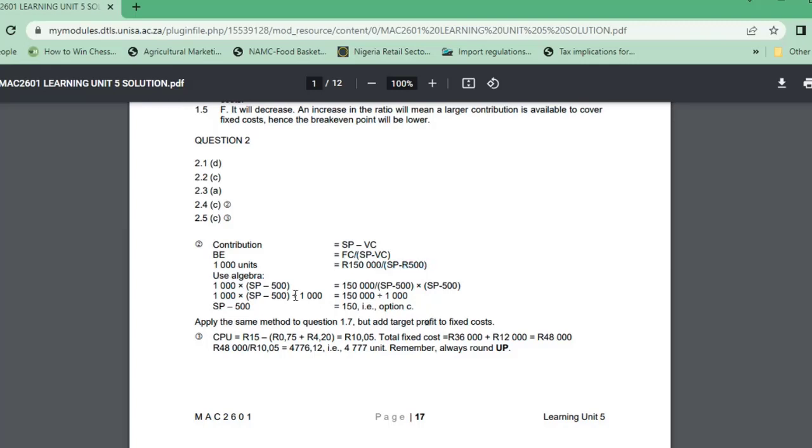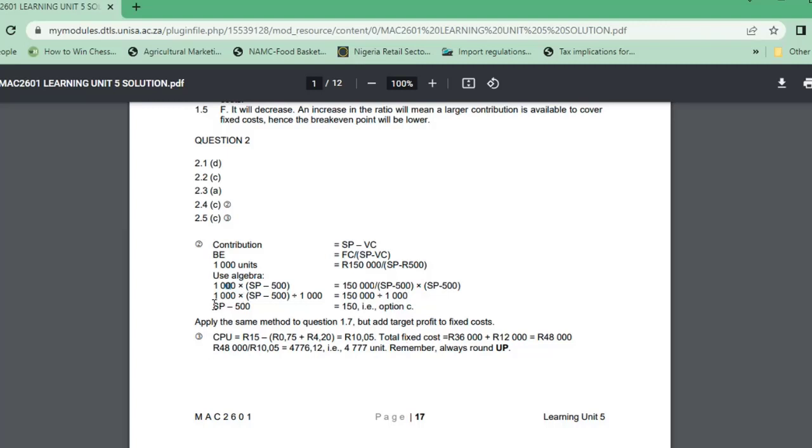So you use algebra. What you do on the left-hand side is what you do on the right. So you take 1,000 and multiply it by what you're trying to solve, which is SP minus 500. You say 150,000 divided by SP minus 500 multiplied by SP minus 500, so you cancel those out.